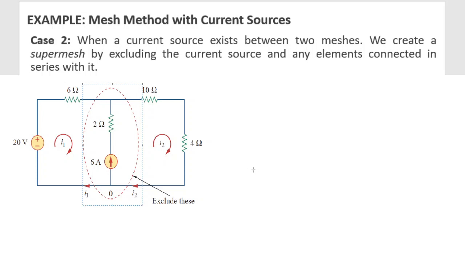So here we have this mesh 1, we named that as loop current I1, and then this mesh 2, we named this loop current I2, but in forming the KVL equation, actually we can also do the KVL equation on this super mesh, and I will call that super mesh as mesh X, this super mesh.